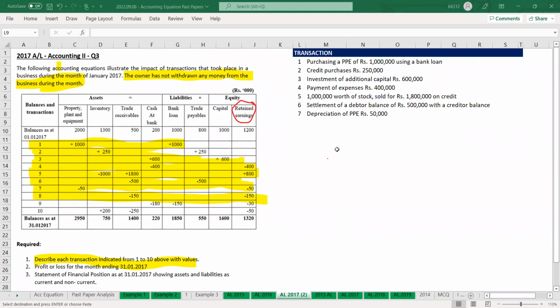Debtor retained earnings means it is expense. 150 expense.